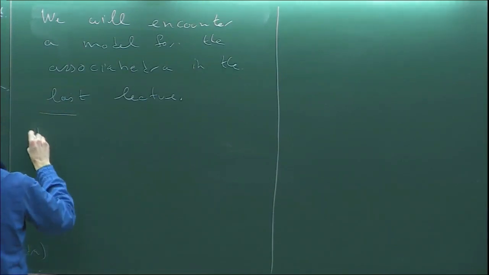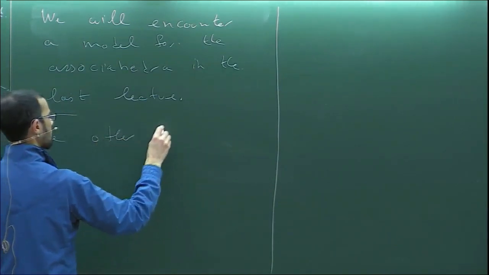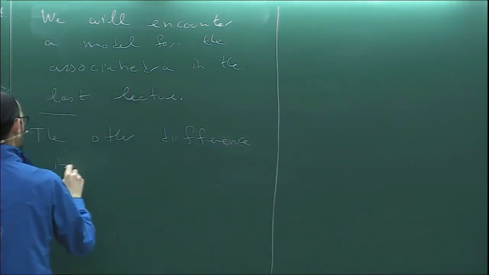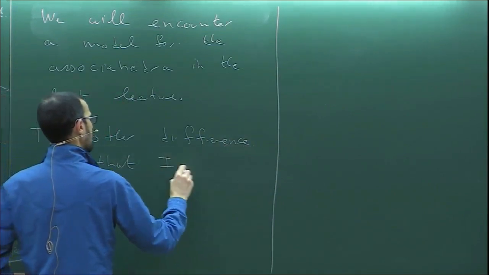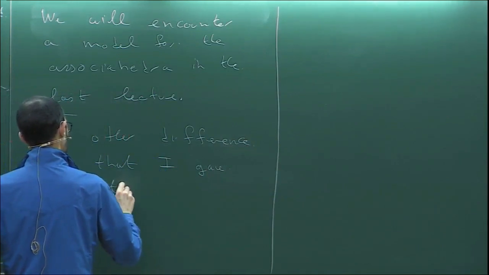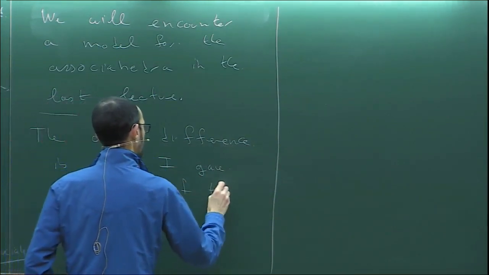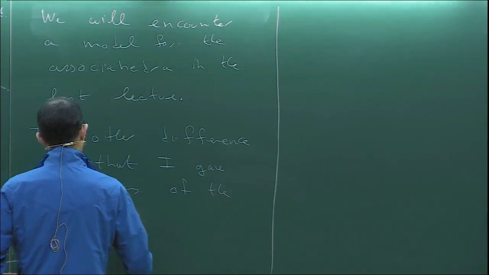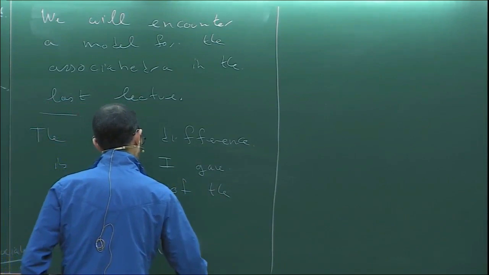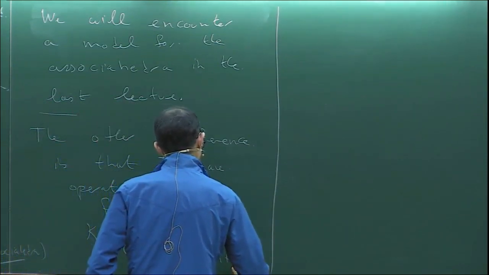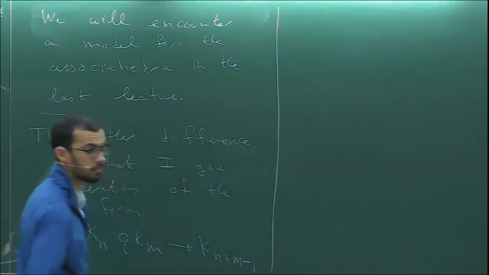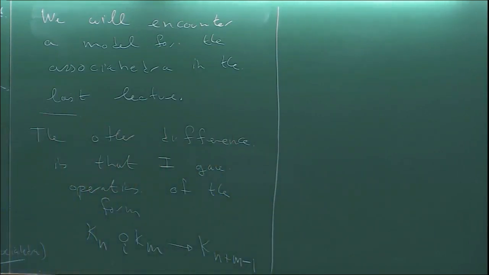So the other difference is that I gave operations of the form Kn circle Km goes to Kn plus m minus 1.